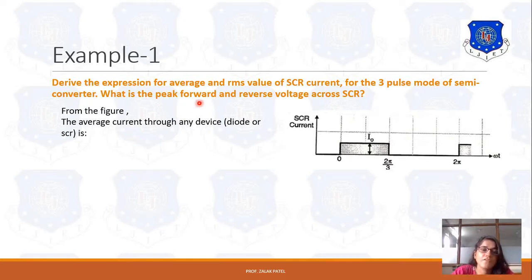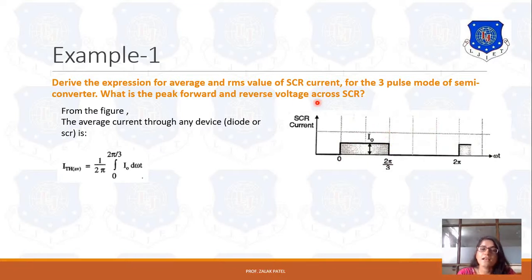So the average current for diode as well as for SCR is given by 1 upon 2 pi integral from 0 to 2 pi by 3. Why 0 to 2 pi by 3? Because 180 into 2 means 360, divided by 3 means 120 degree; here the phase difference is taken. At a time one SCR with a different diode is conducting.